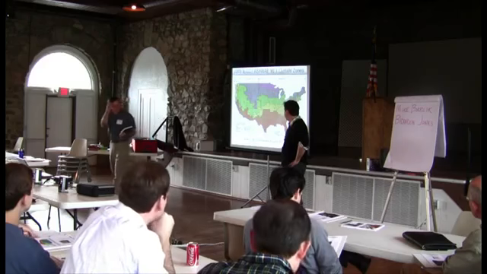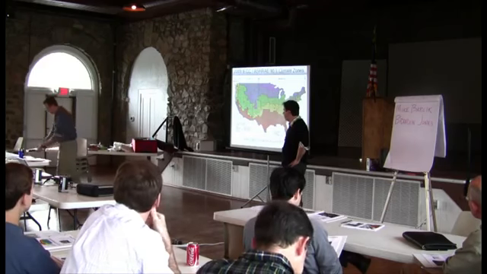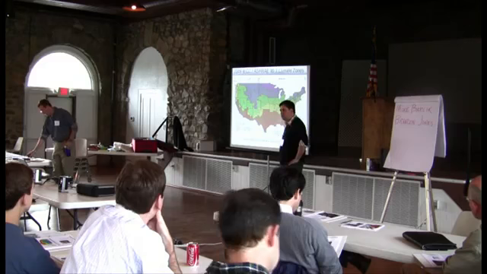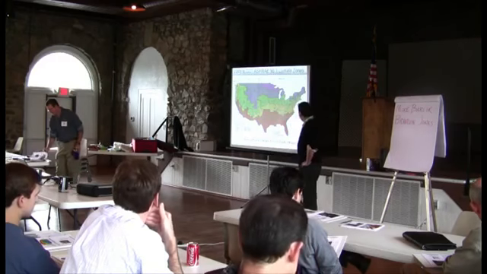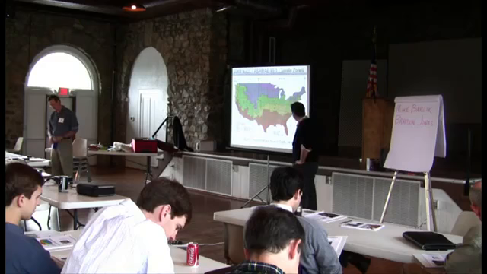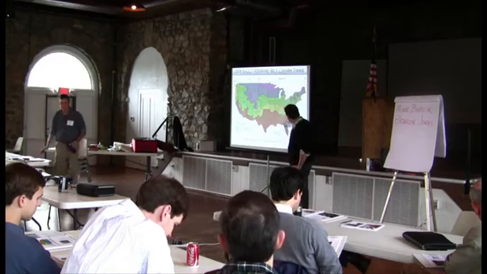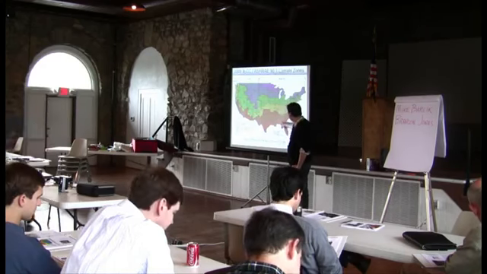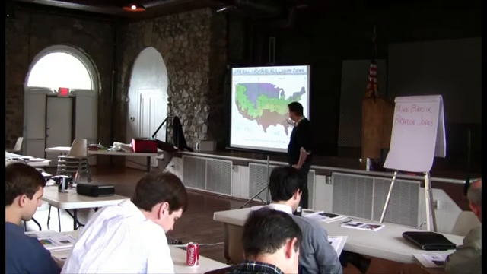Climate zone map. You'll find this in ASHRAE. You'll find this in the IECC 2009. This tells you what tables to use. And if you'll see Georgia, we're actually an interesting state. We've got climate zone 2 down here, in the coastal region. We've got climate zone 3. And then we've got climate zone 4.